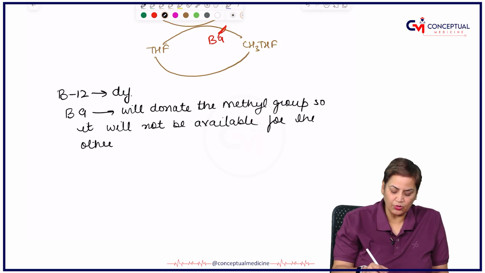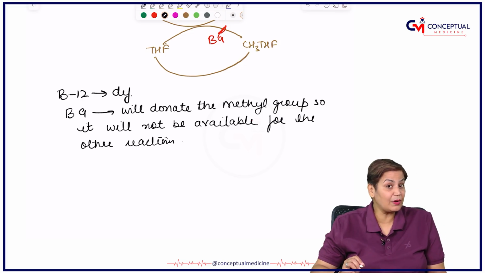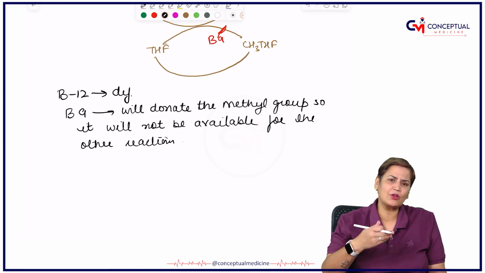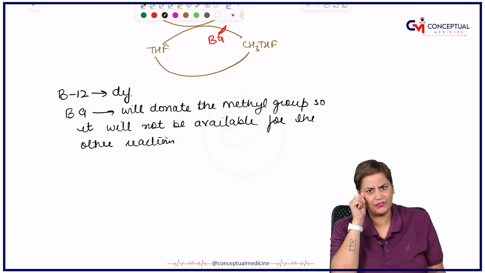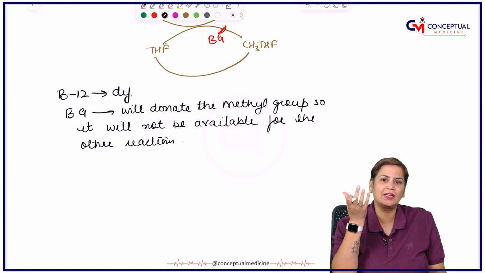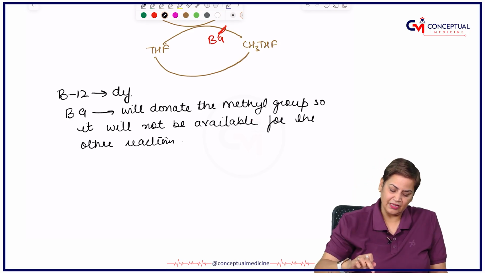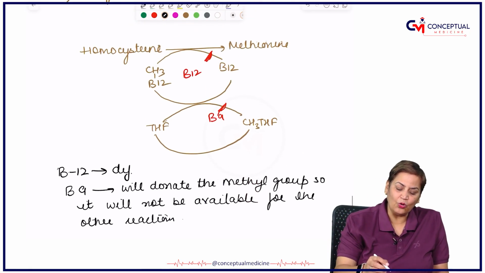It will lead to the trapment of folic acid, it will lead to megaloblastic anemia, in fact all the things which are related to B9 deficiency. Why? Because the carbon, the methyl group of folic acid is trapped, and it will also lead to homocysteinuria.